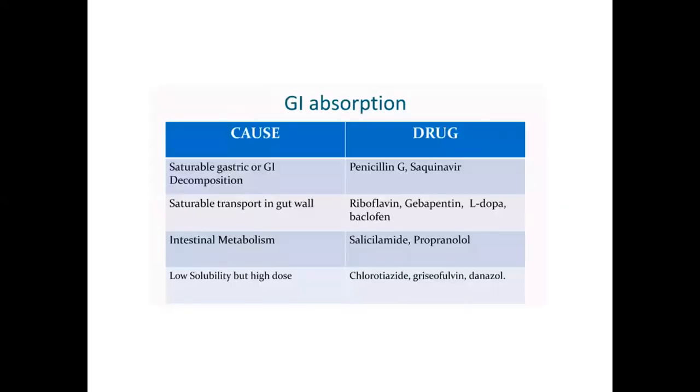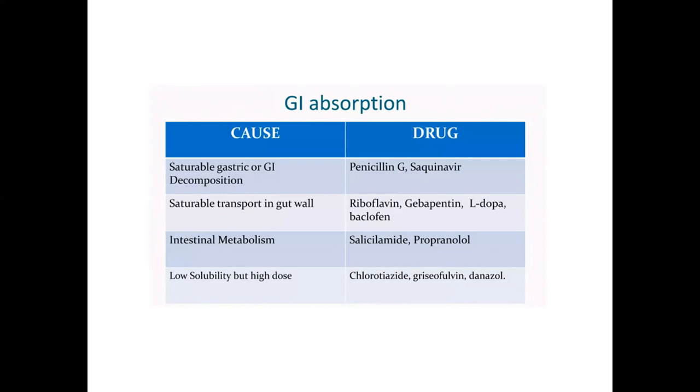So you can see here, absorption. What are the factors of non-linearity due to absorption? Saturable gastric or gastrointestinal decomposition, which occurs mainly with drugs like penicillin G and saquinavir. Then, saturable transport in the gut wall, which occurs with drugs like riboflavin, gabapentin, L-dopa, and baclofen.